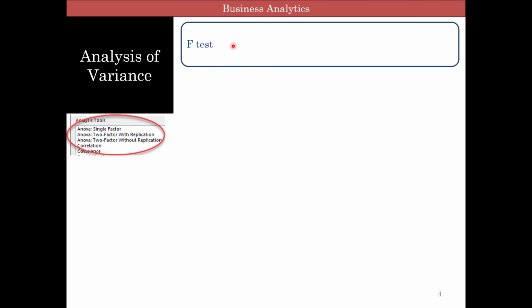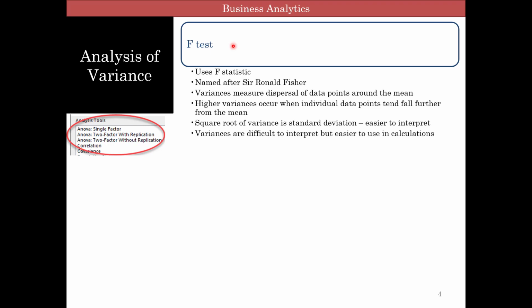Now remember when you did your t-tests and you did those independent sample tests, you had to do an f-test to test whether the variances are equal or unequal. And ANOVA here, analysis of variance, uses this f statistic named after Sir Ronald Fisher. The variance, as you know, measures the dispersal of data points around the mean.